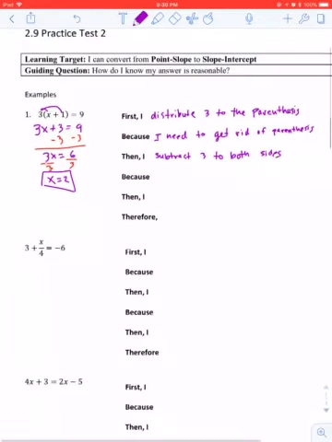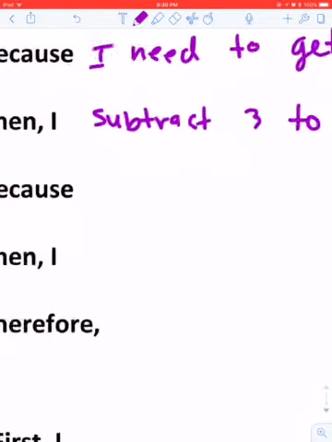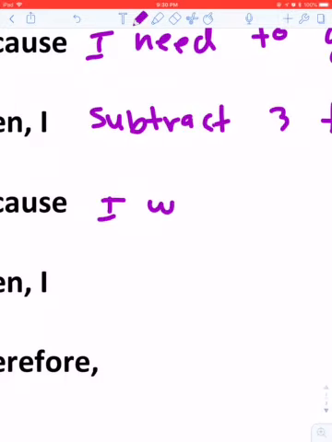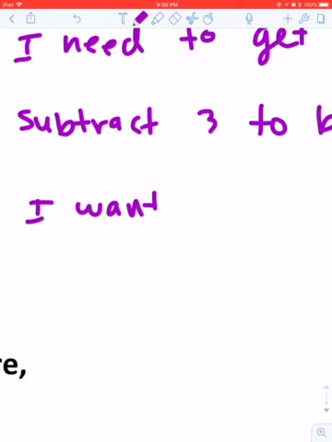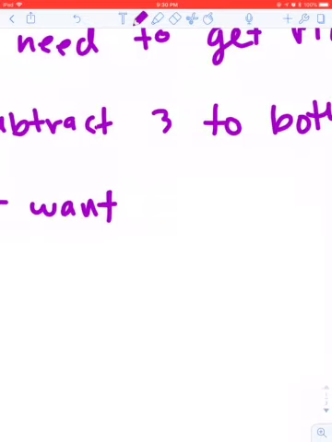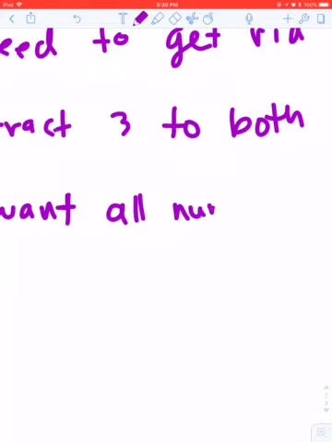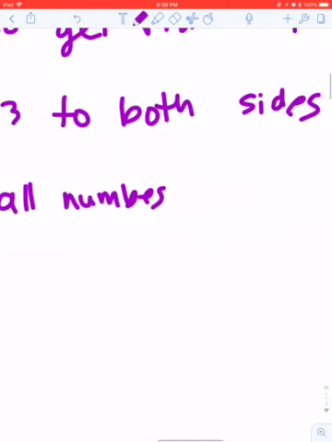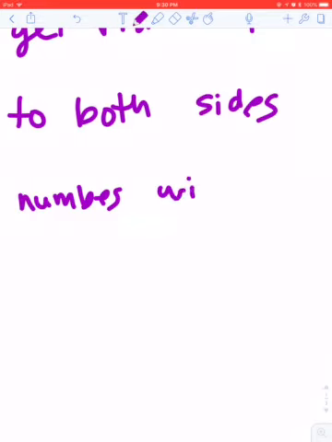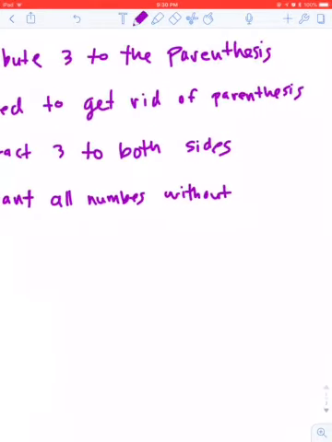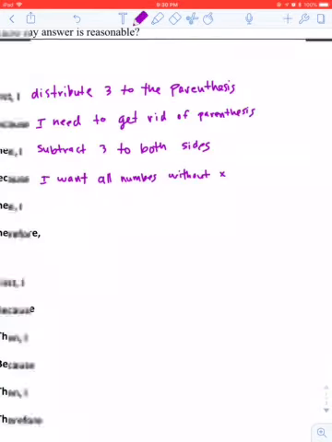Because I want all numbers without x. And you can write this in your own words too, if it works better for you. Without x on the right side.